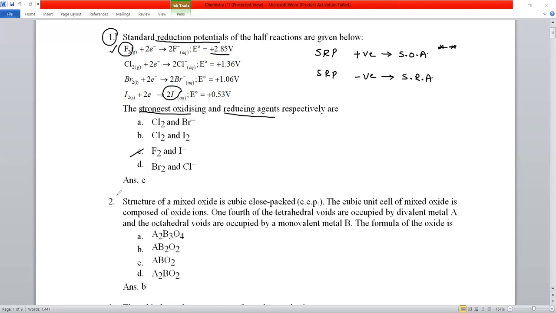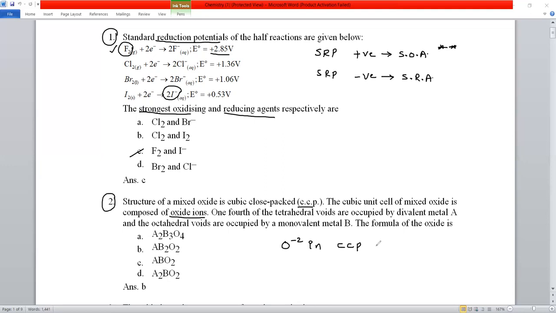Next, question number 2. The structure of the mixed oxide: oxide ions are present in CCP. The cubic unit cell of the mixed oxide is composed of oxide ions in CCP.